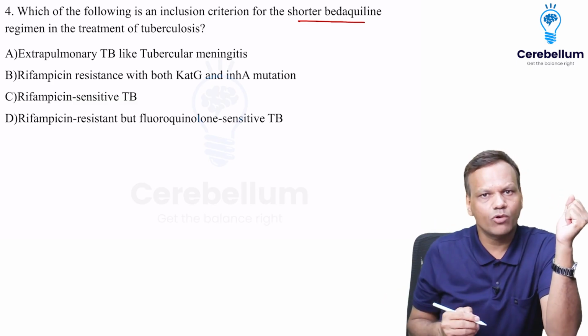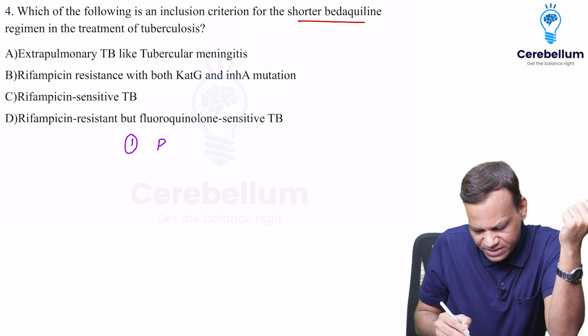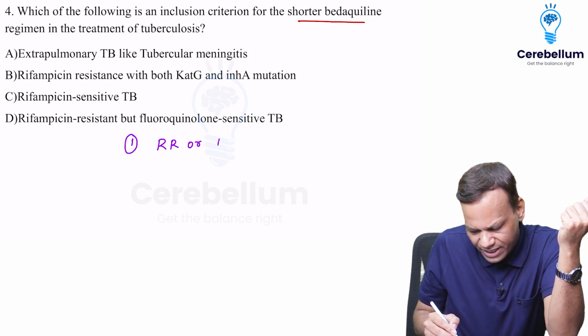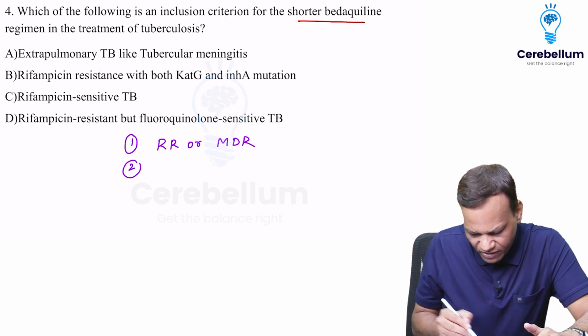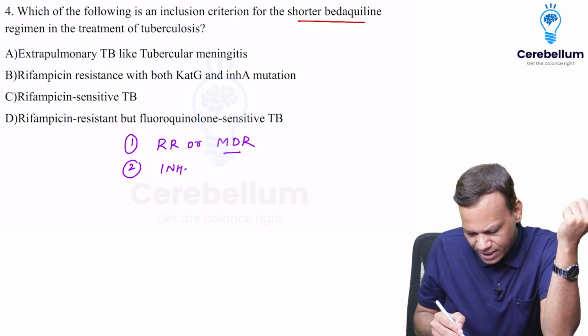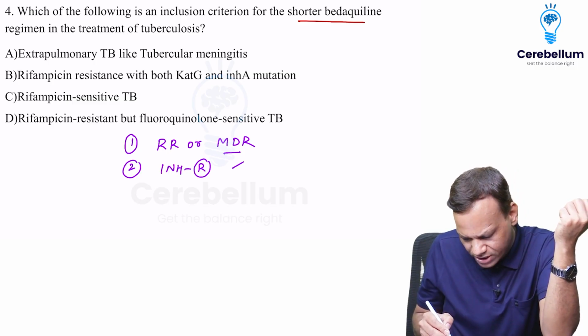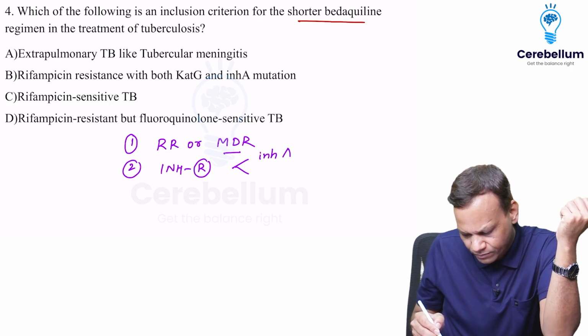So this shorter bedaquiline regime is indicated, number 1, either in rifampicin resistant or MDR patients of tuberculosis. Second, when we say MDR, there is a resistance to isoniazid. But isoniazid resistance can occur due to 2 reasons. Either there may be mutation of INHA or there may be mutation in KatG.